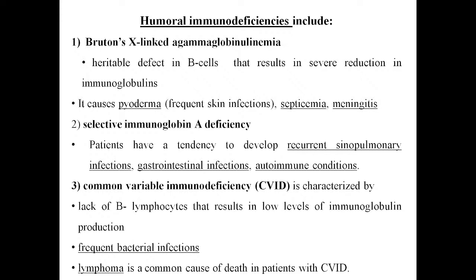Such patients suffer from frequent bacterial infections, and some patients with CVID have lymphoma. And lymphoma is malignancy or cancer of lymphoid tissue. It's a common cause of death in patients with CVID. It develops after some years of living with CVID.